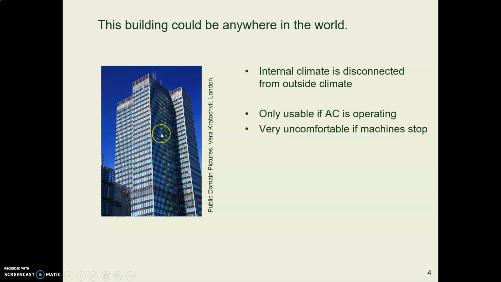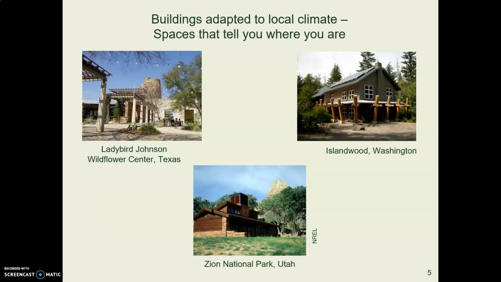And the thing about it is it's only comfortable if the power is on and the air conditioning is running. If any of that stops, this is not so comfortable anymore. We're going to design green buildings that can be comfortable even if the power is off. These buildings have different styles depending on where you are, and as we said before, these are the places that tell you where you are.